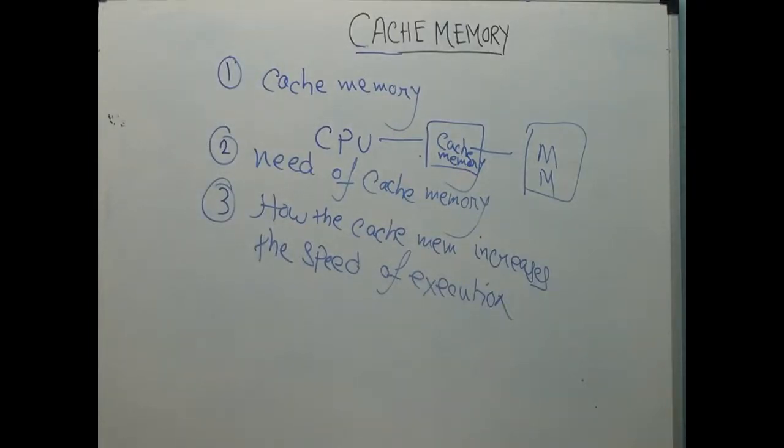The answer is cache memory stores the segment of the program or data that are being executed by the CPU presently or frequently. So, by making program and data available at rapid rate, it is possible to increase the performance rate of the computer. So, that is the basic reason why the cache memory is used in the system, and it is shown here how the cache memory increases the speed of execution.